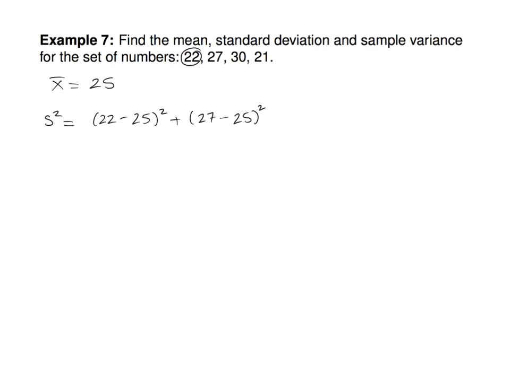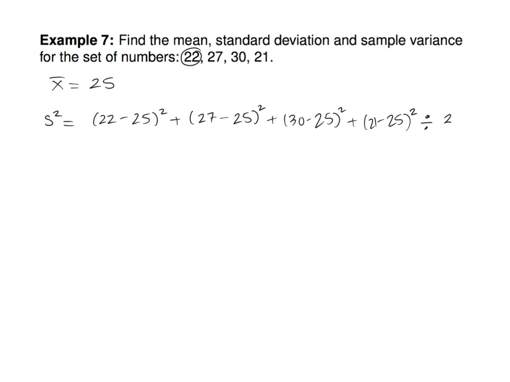What next? Third number minus the mean, square it. And lastly, fourth number minus the mean, and you square it. Okay, and what are we going to divide by? N minus 1, which in this case is 3.